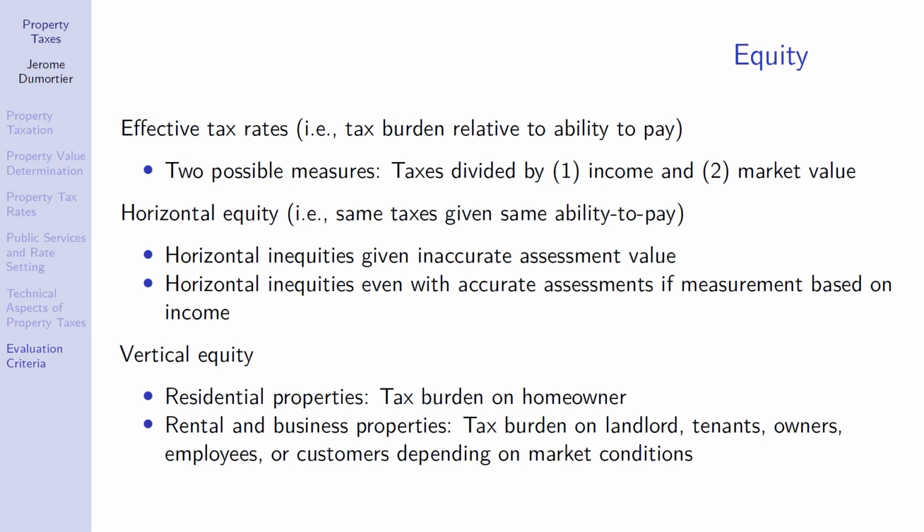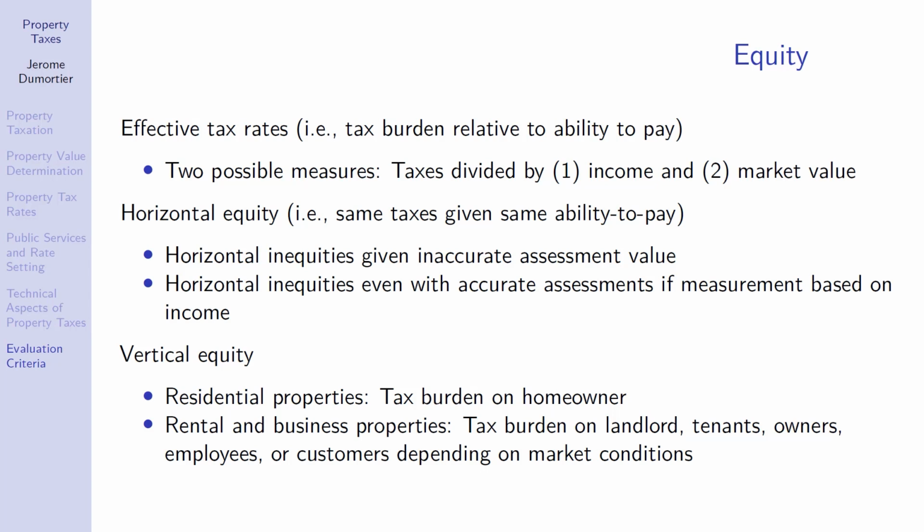This may lead to issues regarding horizontal equity. Remember that horizontal equity means you have the same taxes given the same ability to pay. So, for example, you can consider households that have the same income, but the market value of the home of one household is significantly higher than the market value of the other household.